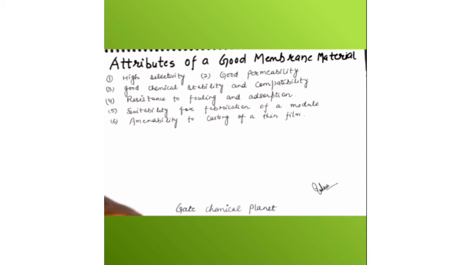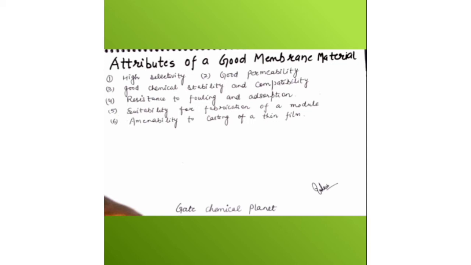Good chemical stability and compatibility. Resistance to fouling and adsorption. Suitability for fabrication of module. So membrane should be suitable for fabrication of module. We will discuss module in later slides. Amenability to casting of a thin film. So these are some attributes or the properties of good membrane material you should know.